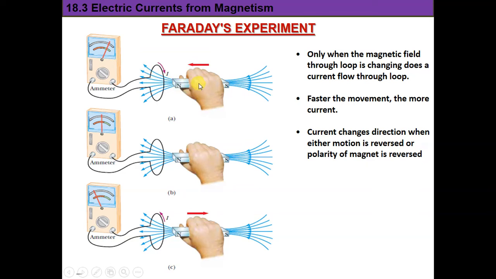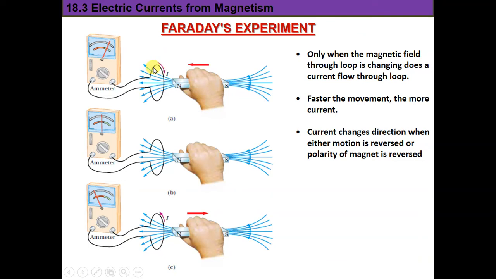When you move the magnet in, you are causing the field lines around the magnet, this region that we can't detect with our eyes, a region that surrounds a magnet, to change. You are moving it inside the loop, so you are causing these blue field lines to change. So we can conclude that when the magnetic field changes, there is an induced current.